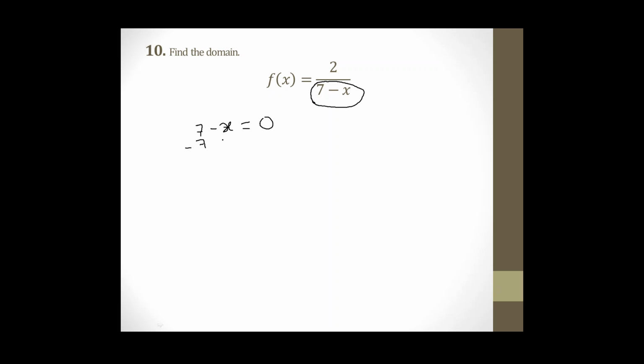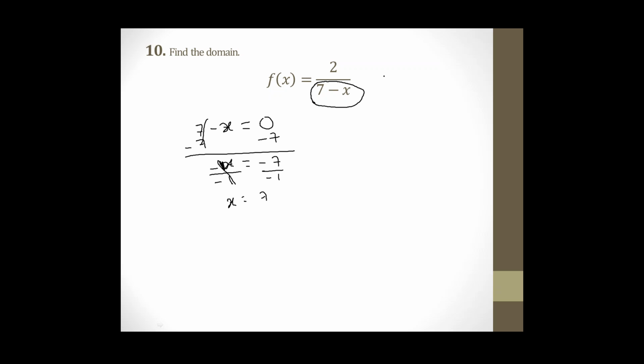Negative 7, I got to subtract 7 from both sides because I'm trying to have x by itself. This cancels out, so I get negative x equals negative 7. And since we have that imaginary 1 here, I'm trying to get rid of it. I'm going to divide by negative 1 on both sides, so I'm left with positive 7. This only means if x was 7, this denominator would be equal to 0.